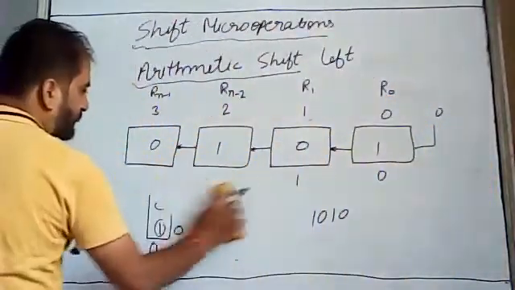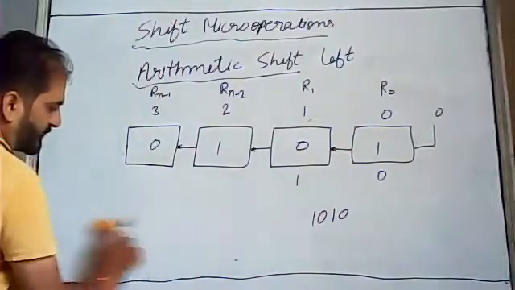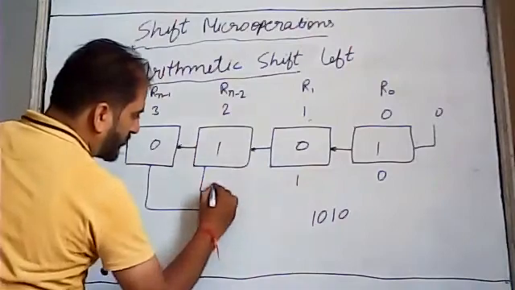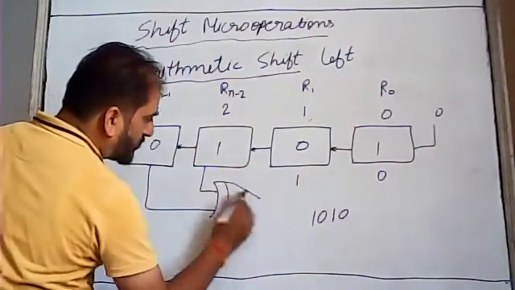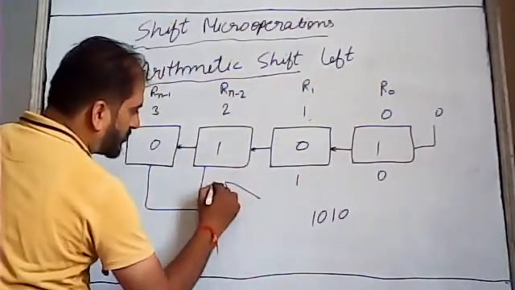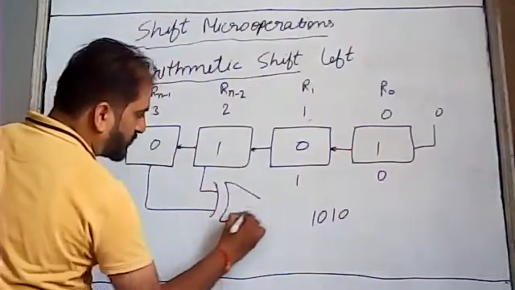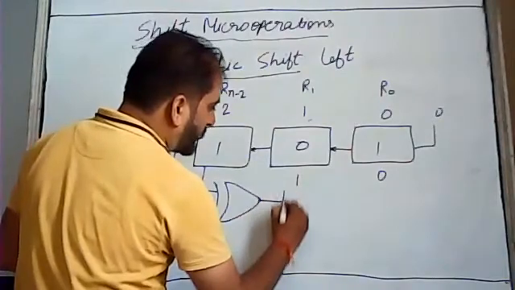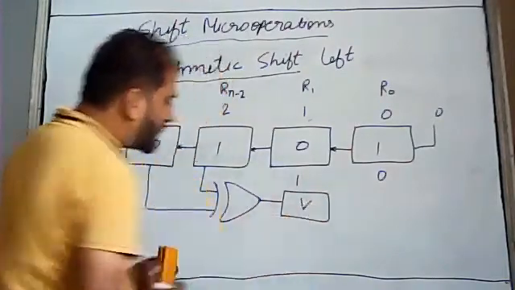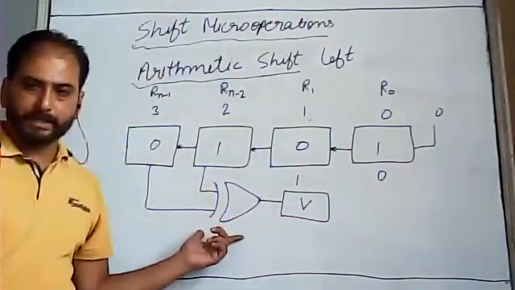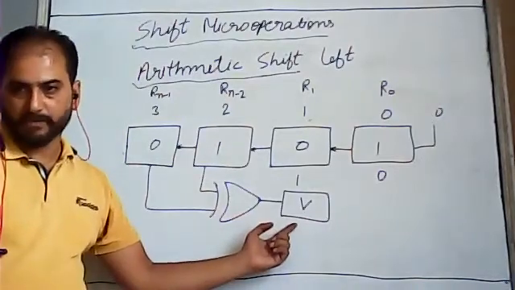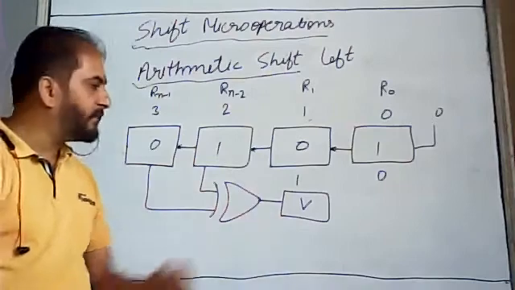So with the last two bits, we use an XOR gate and a flip flop V. Whatever the output of this gate, that output is stored in the V flip flop.